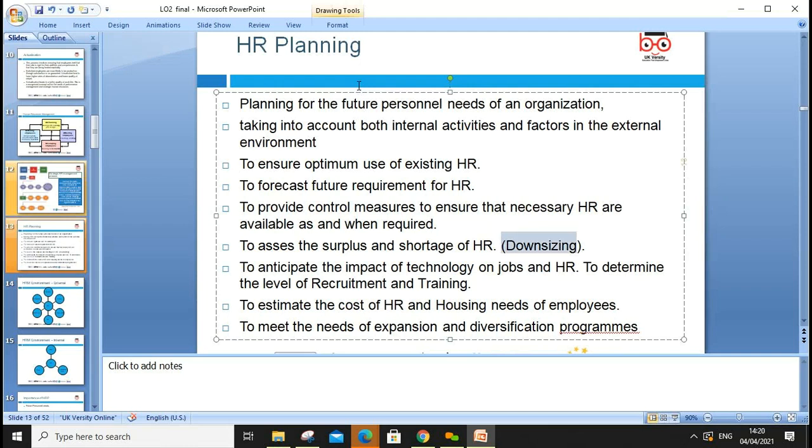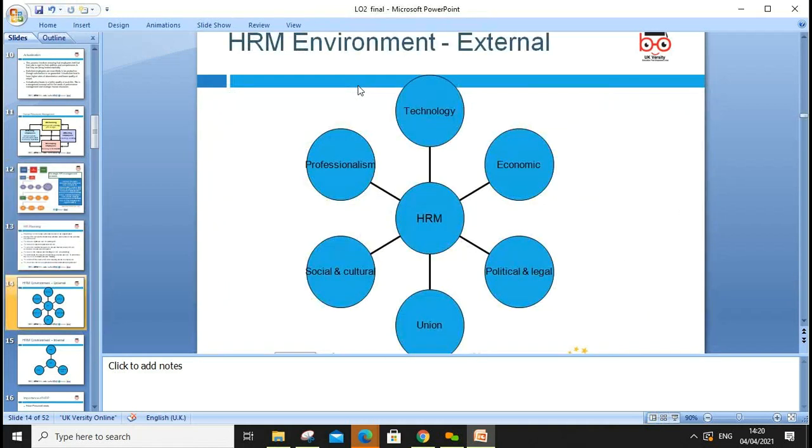Maybe downsizing means right-sizing, not too many employees. Historically we used to have a lot of employees, or we used to do more handwork. Now technology should reduce the staff. So anticipate the impact on the job and HR. We need to estimate the cost. Housing implies different program diversification. We need to make sure we focus.